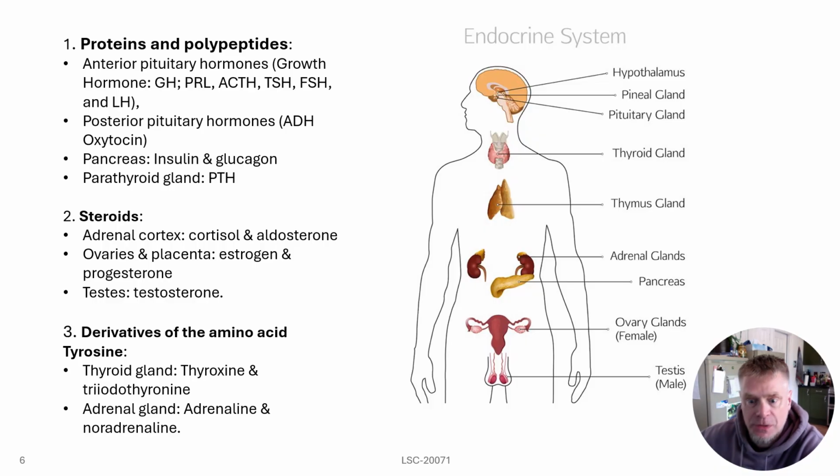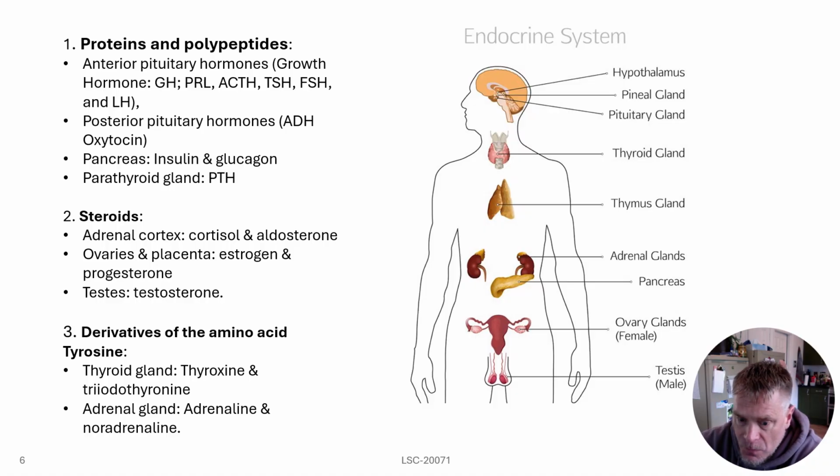Okay, so next up, we're going to go through all these various different types of hormones. For this, we're going to focus on humans as an example, as a mammal, and we're going to go through all the various main types of hormones which exist.